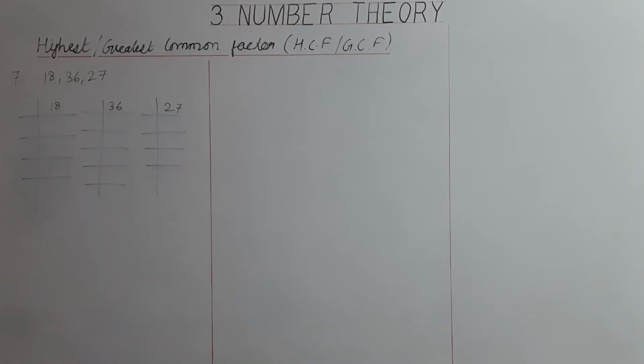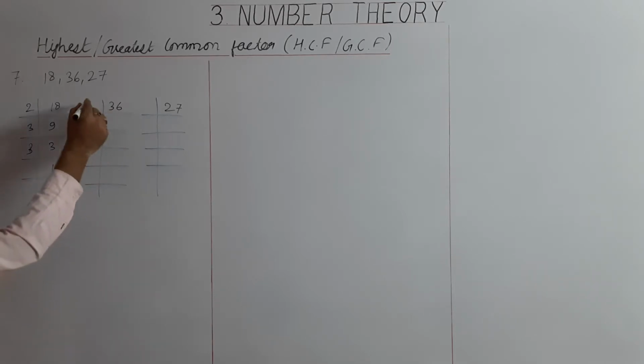Okay, here 18 is an even number, so we have to divide 18 by 2 first. First prime number, 18 by 2 is 9. 9 is an odd number, not divisible by 2. Next prime number is 3. 9 is a multiple of 3, so we'll divide it by 3, we'll get 3, 3 and 1. So these are factors of 18.